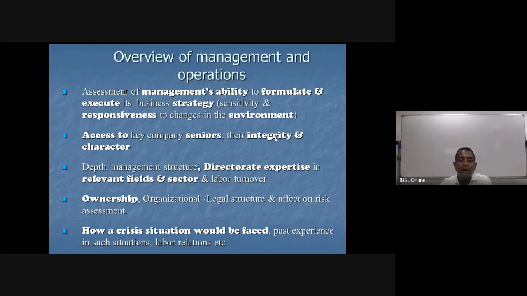When you have only experienced people, they don't have the depth, because they have learned everything on their own, with experience. New developments and new techniques, they may not be aware of. So it has to be a combination. When you are evaluating a business, you need access to the key management people.